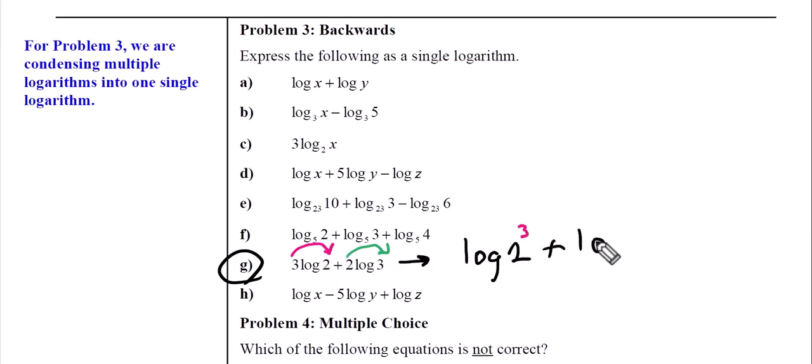And then I have log 3 with a 2 on top. And then we can simplify that because what's 2 to the third power? Well, that's 2 times 2 is 4 times 2 is 8. And then 3 squared. That's 3 times 3 is 9.